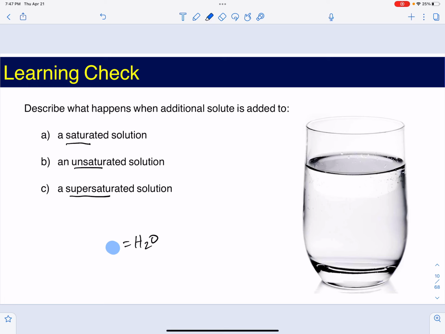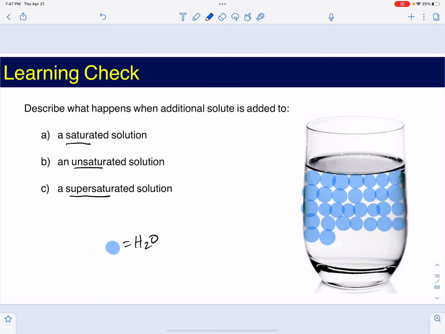So I'm going to put water, water, water, water, water, water, water. So all this is full of water. Okay, so water is everywhere, right?